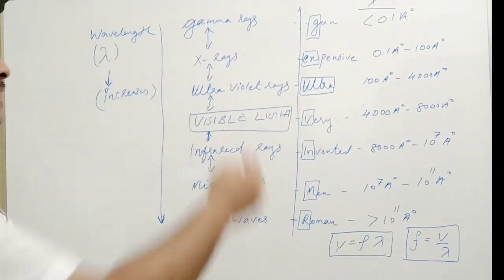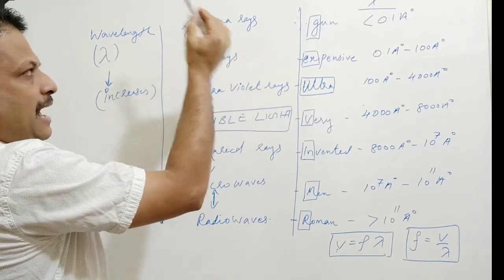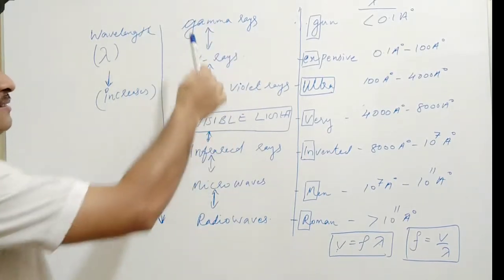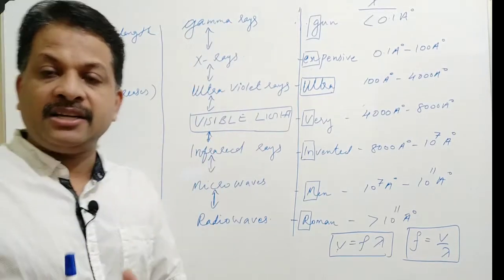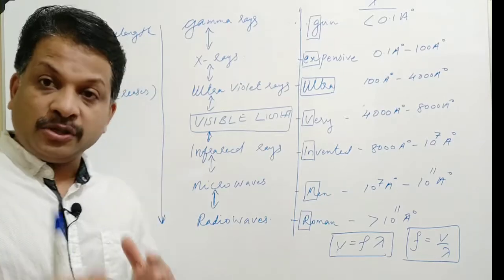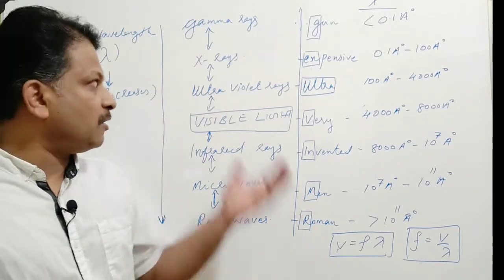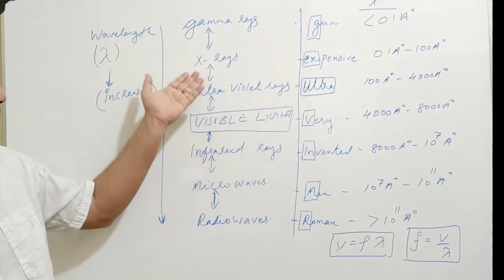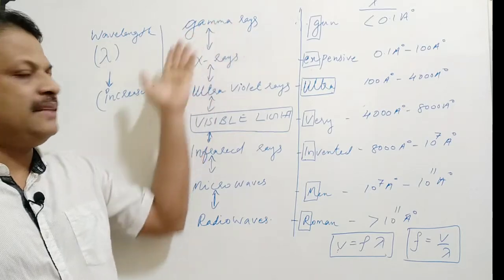Gamma rays are the radiation with the least wavelength and maximum energy. Gamma rays are the most highly energetic radiations. Because of their high energy, they are used in radiotherapy to kill cancer cells and also to check welding in industries. X-rays are also highly energetic radiations, slightly less than gamma rays.